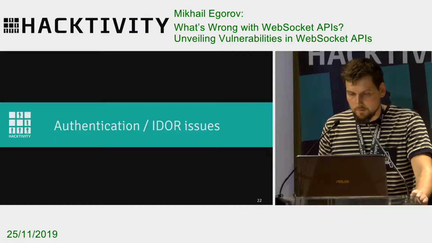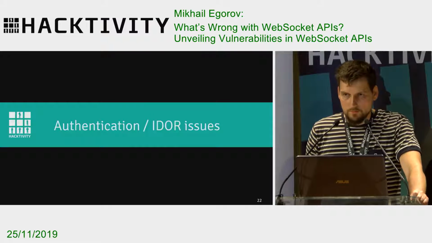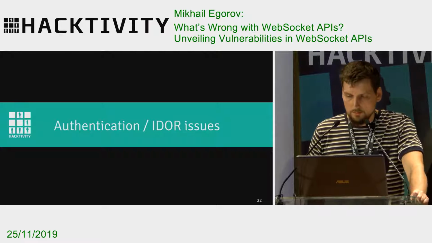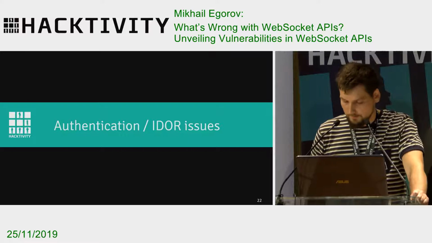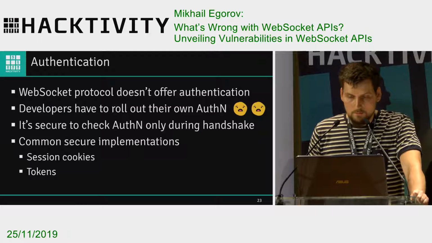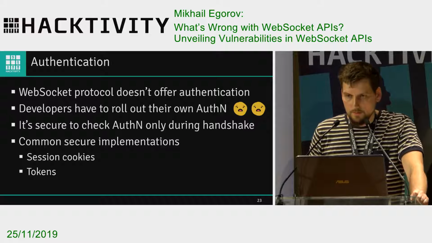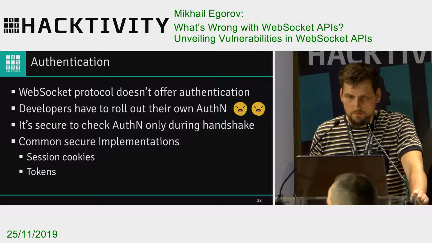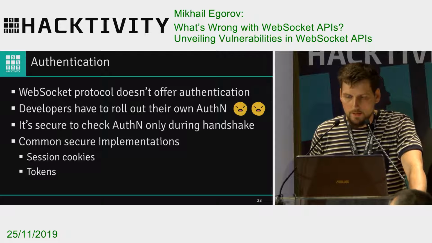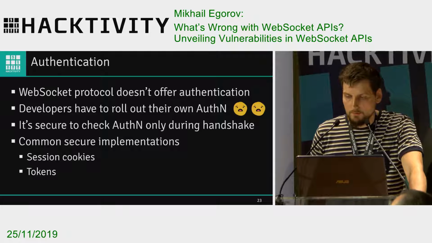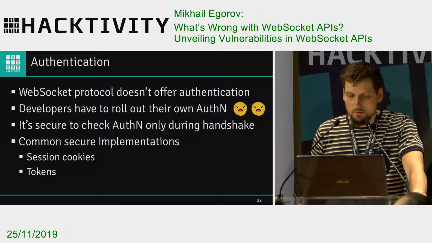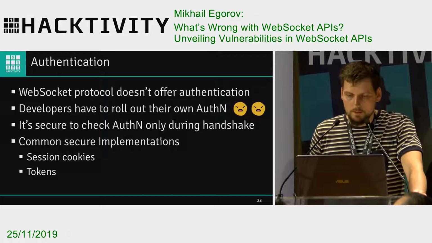Let's switch to authentication related issues and insecure direct object reference vulnerabilities. As we know, the WebSocket protocol does not offer any authentication mechanisms, and developers have to implement authentication on their own, and sometimes they forget to implement authentication at all, or roll out broken implementations.